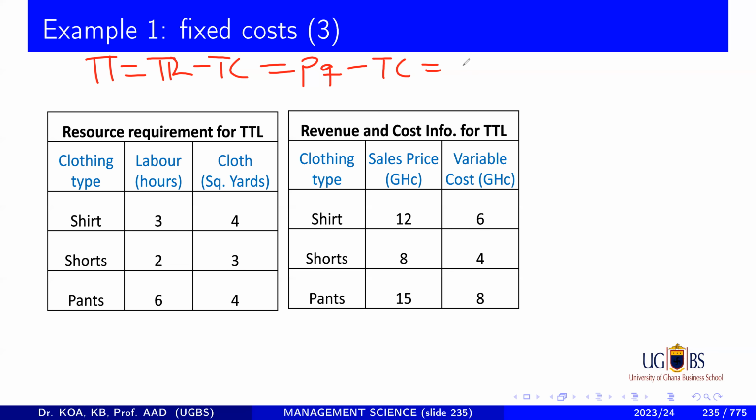Remember, the quantity here will refer to the decision variable you don't even know. Therefore, you are going to take this 12, but then it's going to multiply the decision variable. Therefore, the price times the quantity is going to be 12 times X1. Remember, the shirt is X1.